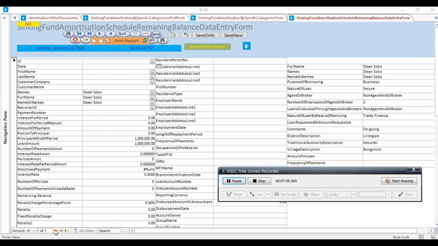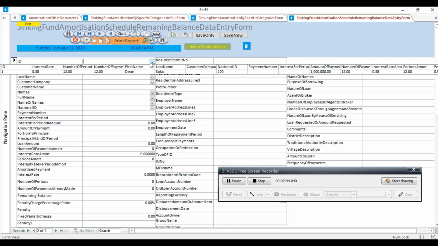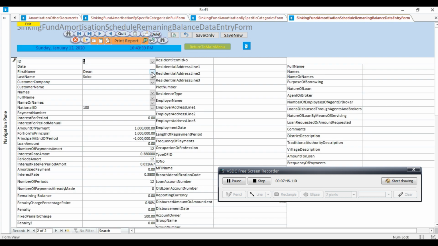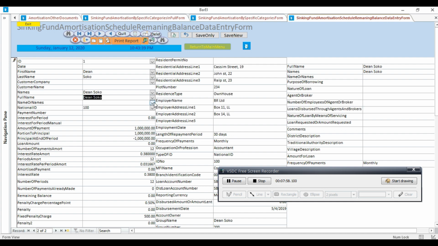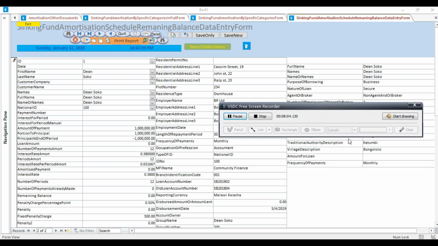Let us go to the second record. Here, its name, second name. You can see that everything has been auto-filled here.